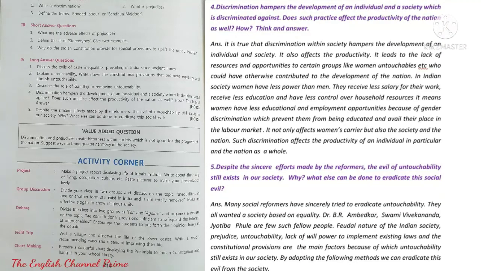The feudal nature of Indian society, prejudice, lack of willpower to implement existing laws, and the constitutional provisions are the main factors because of which untouchability still exists in our society. By adopting the following methods, we can eradicate the evil from society.